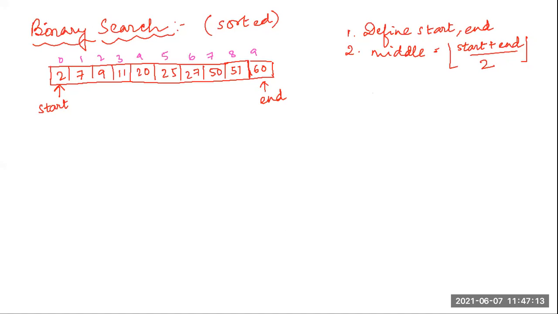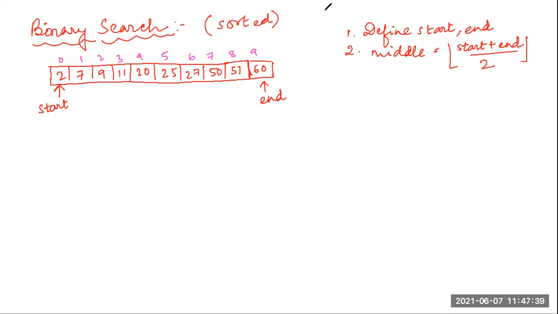a decimal value, right? 4.5. But here one symbol you can see, this means the floor value. So 4.5, what value should I take if it is a floor value? 4.